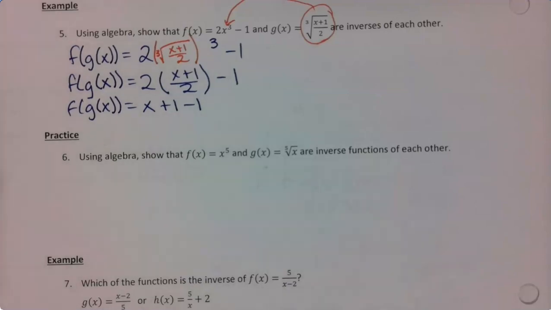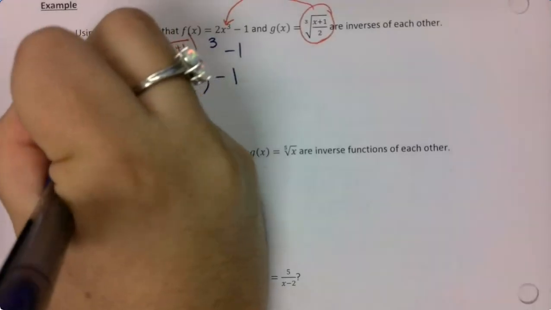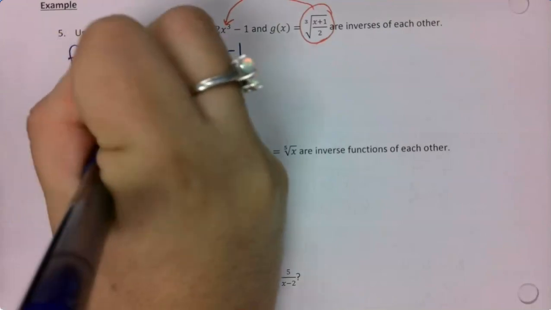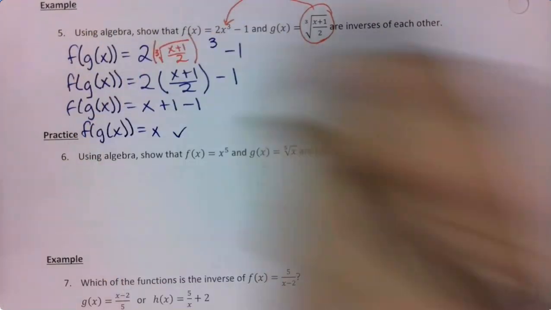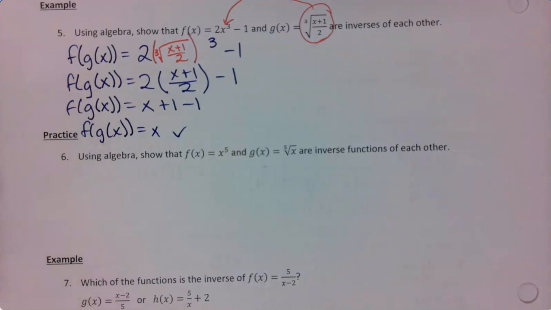So, what do I get next? I already have that, so it's just x. So, does this give me the identity function? Yes. So this way works. And then I want to move on to the next way.